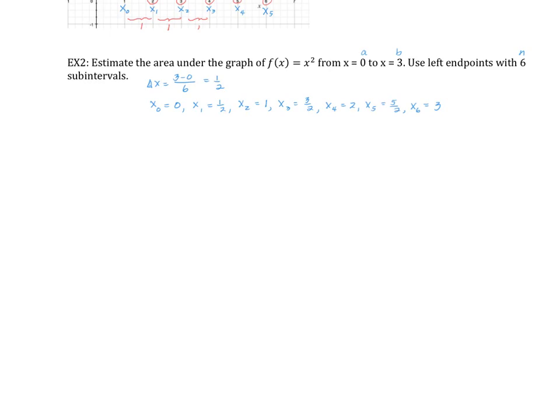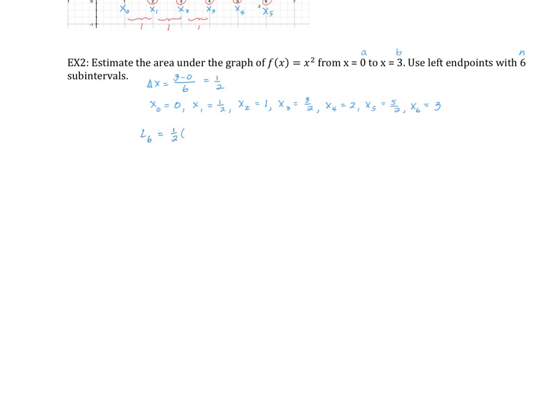So notice I don't even have a graph, but I can still estimate the area under the curve x squared from x is 0 to x is 3 by just finding my grid points and knowing that the area with left endpoints, and I have 6 of them, is going to be 1/2, my delta x, times f of 0.